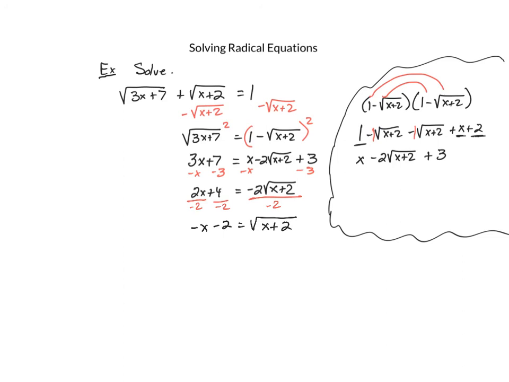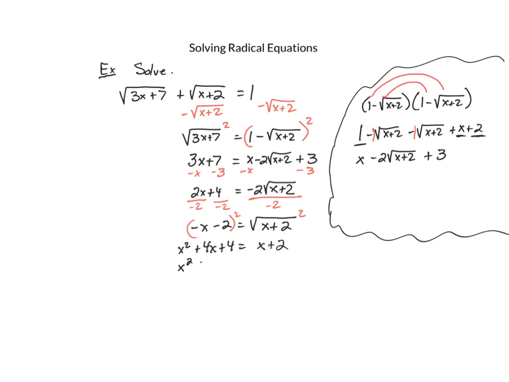We'll square both sides again. On the left-hand side, you have some foiling to do. Go to scratch paper if you need to. If you don't, you can just write it out. So we'll have x squared plus 4x plus 4. On the right-hand side, we'll just have x plus 2. Since it's quadratic, we'll set it equal to 0.